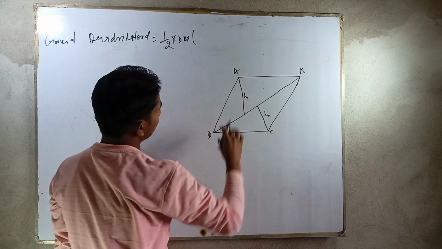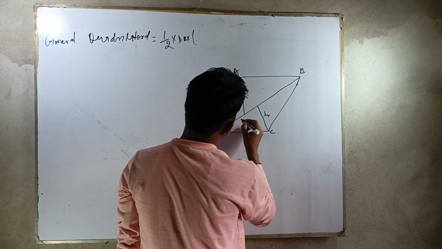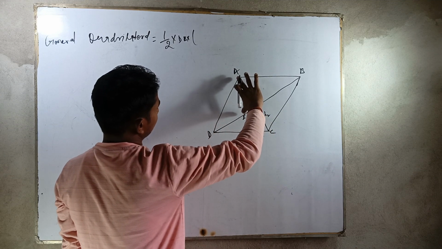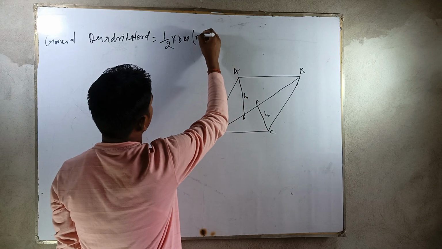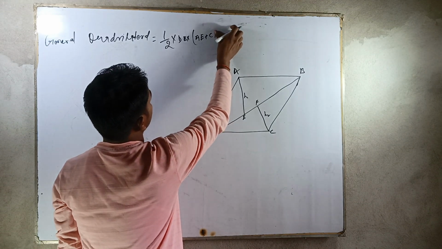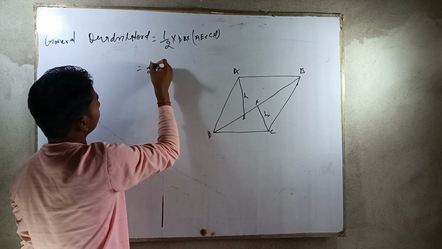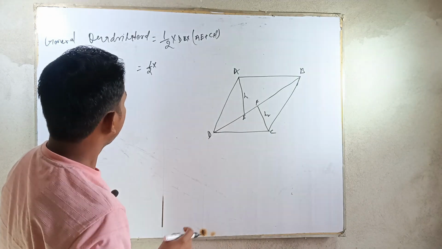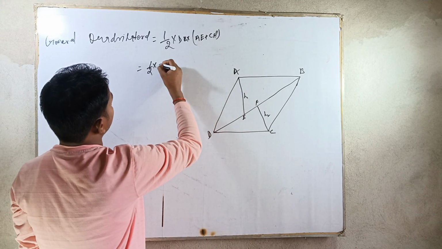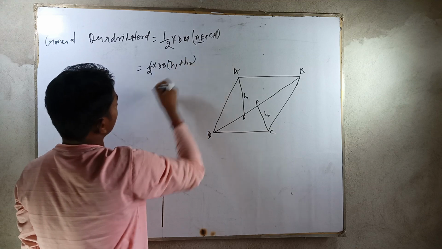Next, if I write here E and F, one height is AE and the other is CF. The diagonal DB is denoted by d, and H1 and H2 are given.